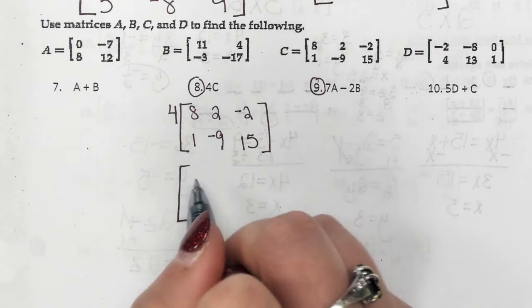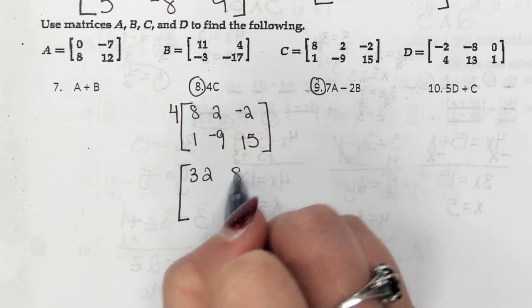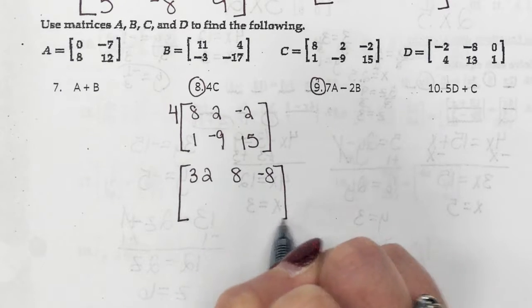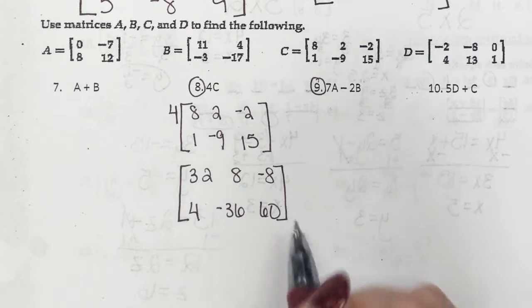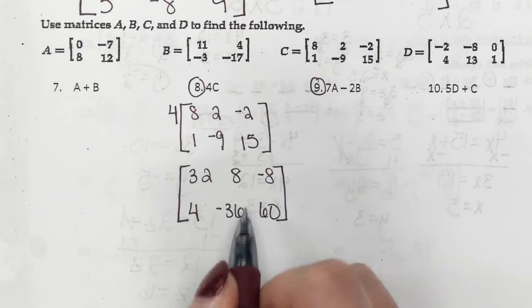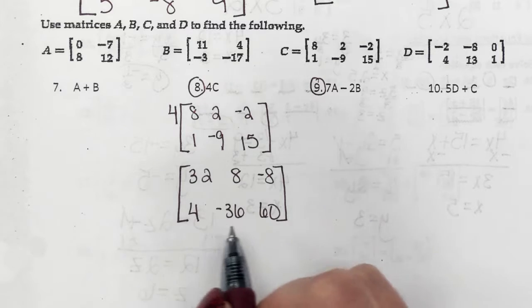All right, what's it give you? 8 and negative 8. Very good. What about your last row? Very good. Do you see how all my columns are lined up? All right, let's do one more.